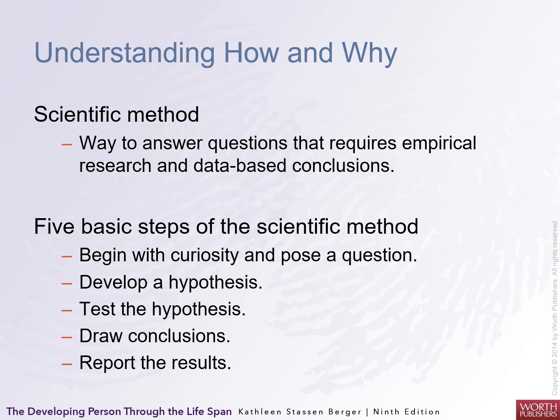There are basically 5 steps in the scientific method, beginning with curiosity and posing a question that we want to study, developing a hypothesis, which is an assumption about where things may be developing, testing that hypothesis through scientific principles, drawing conclusions, and reporting our results, which is really a very important part of the whole process.